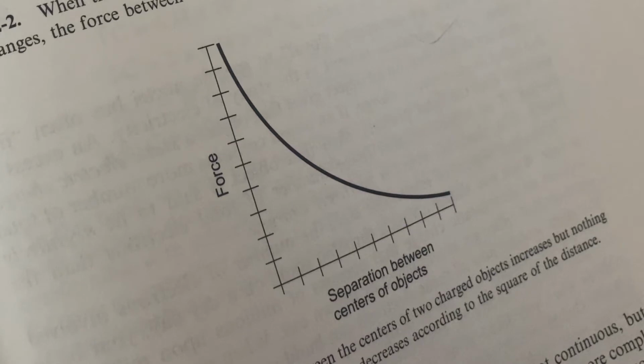As you increase the distance between the centers of the objects, however many objects, it doesn't say, but as the centers of the objects get farther away from each other, so the distance grows, the force will decrease. And because the graph is written this way, that means it decreases according to the square of the distance.